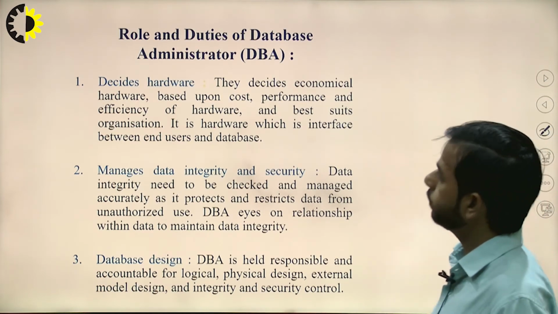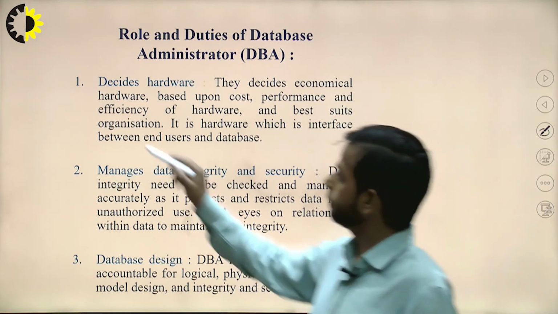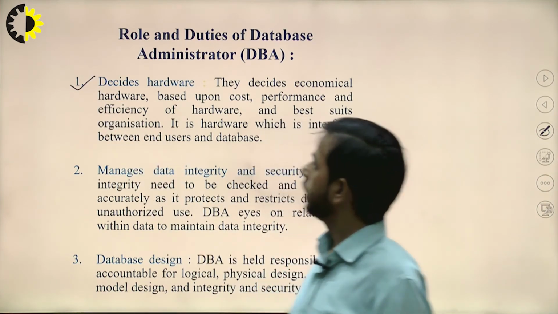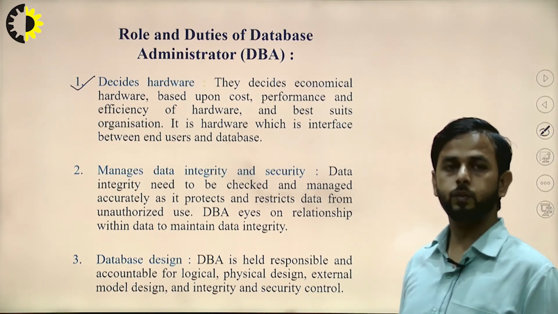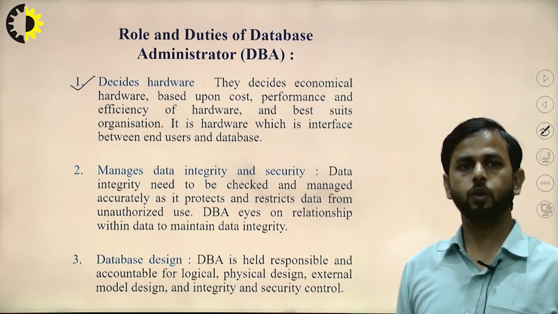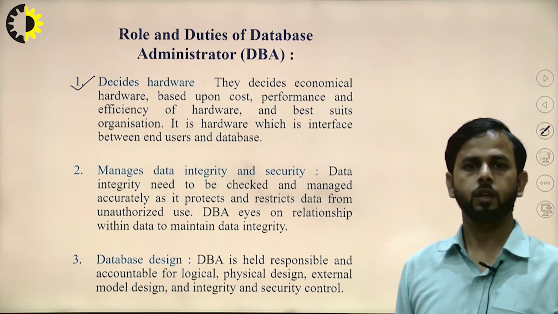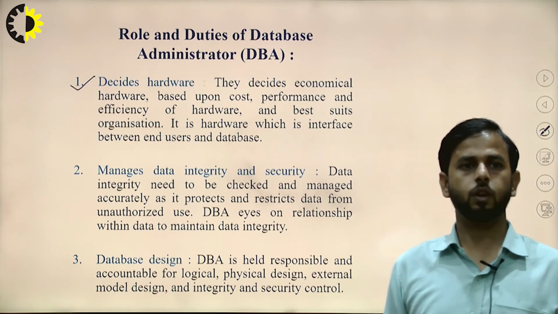Now, what are the roles and duties of DBA? So the first duty is deciding hardware. The DBA decides economical hardware based on cost, performance, and efficiency of hardware that best suits the organization.